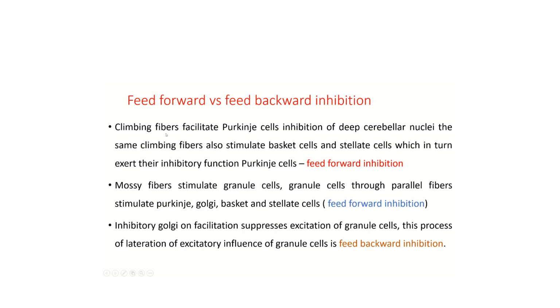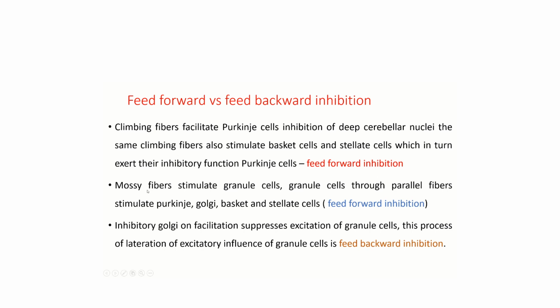The climbing fiber is stimulating Purkinje cells and it's also stimulating basket cells and stellate cells. When the climbing fiber stimulates Purkinje cells, these Purkinje cells inhibit deep cerebellar nuclei. At the same time, it is simultaneously stimulating basket cells and stellate cells. These will inhibit the Purkinje cells. When they inhibit Purkinje cells, the inhibitory effect of Purkinje cells will be inhibited. So this is feed forward inhibition.